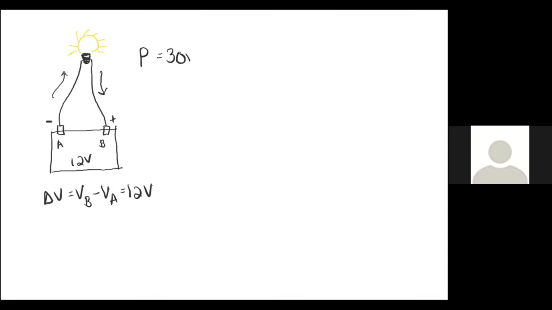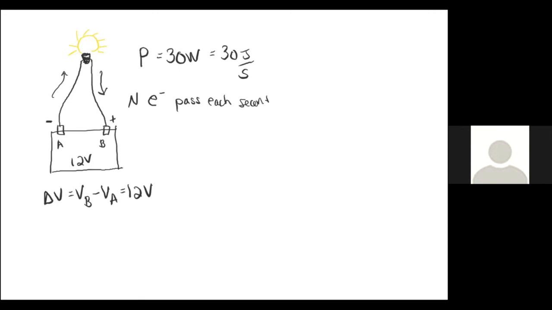How did I know that was a power? Well, it didn't tell me specifically in the problem, but if I see the unit of watts, I know that must be a power. So 1 watt is a joule per second. And our problem asks us how many electrons, so we'll say N electrons, pass through our headlight each second?